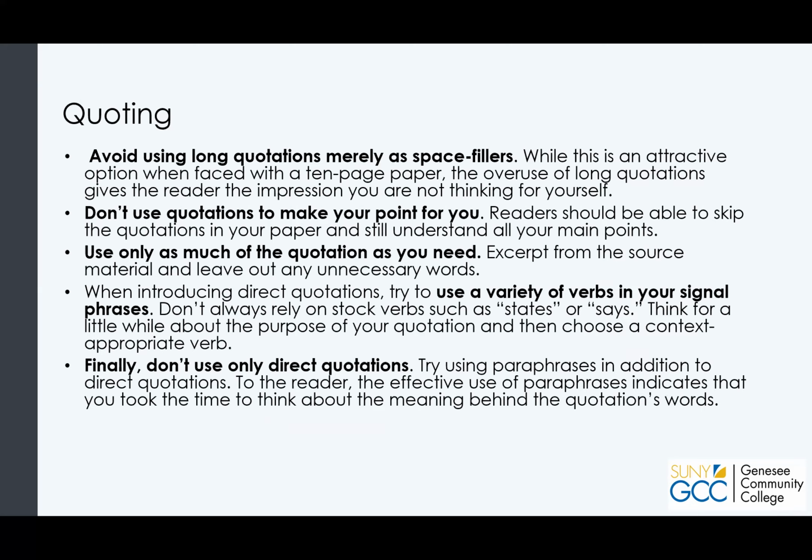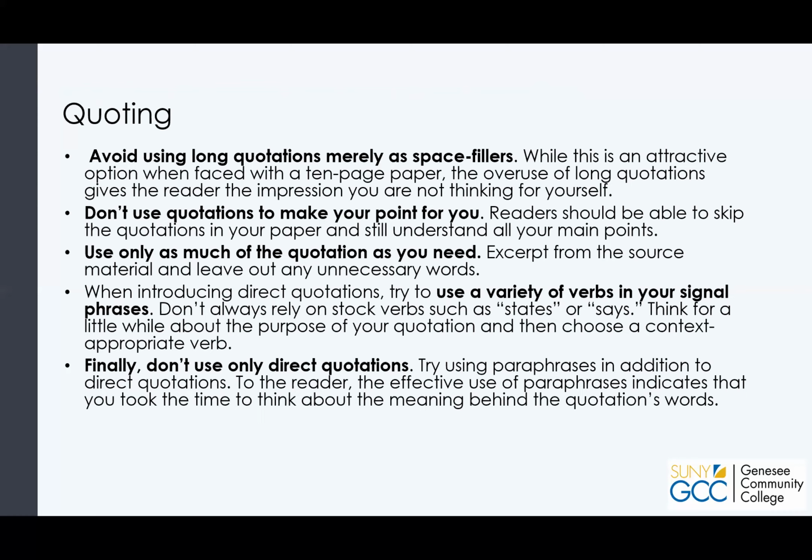So the first and most commonly recognized way of using a source within a paper to provide information or support an argument is quoting. Quotes are those phrases with quotation marks around them that are a direct lift of words from a different source. But here are some things to keep in mind when we're quoting.